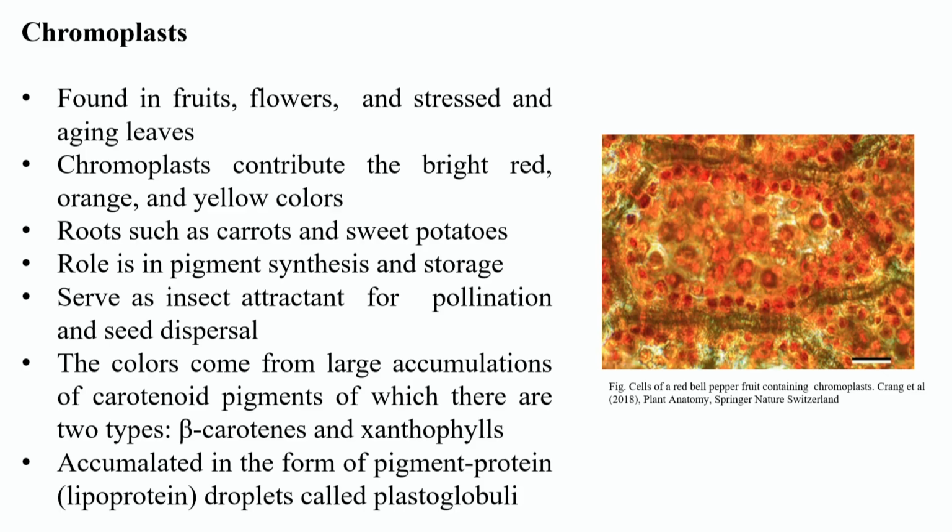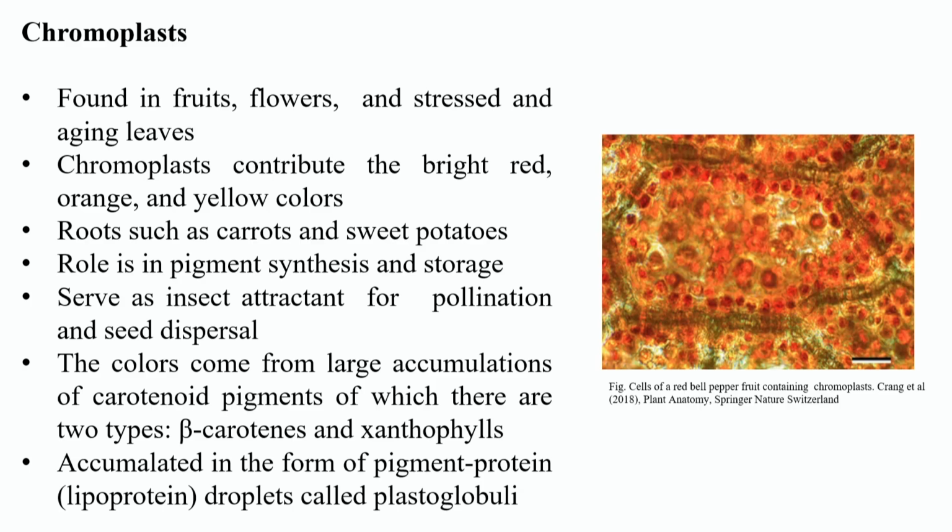Now, coming to chromoplast. Chromoplasts are basically colored plastids, and they are found in organs which are colored, like petals, fruits, and even aging leaves. As you would have seen, when leaves are dying, their green color is removed and they start giving out colors, like maple trees.